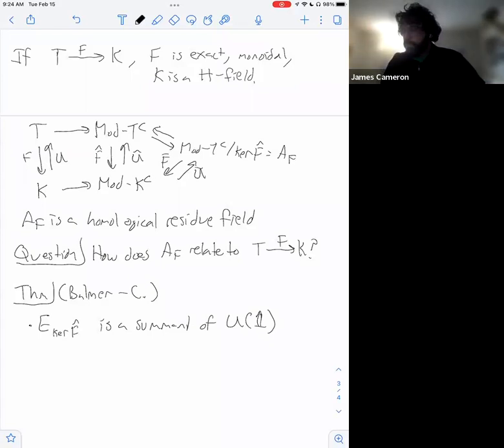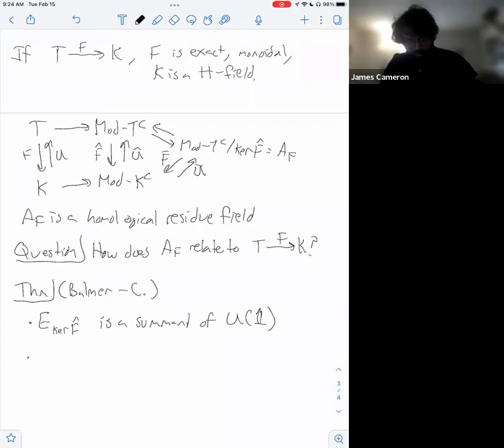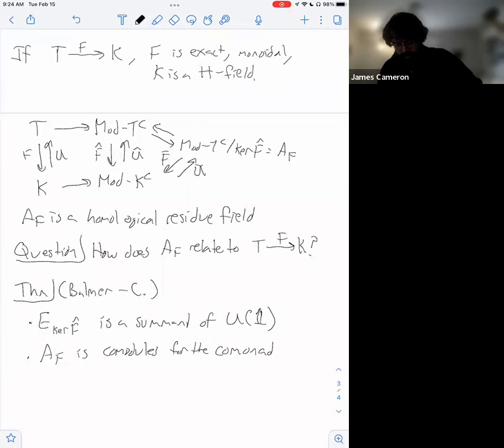And then moreover, we have that this A sub f, this homological residue field, is comodules for the comonad of this FU.